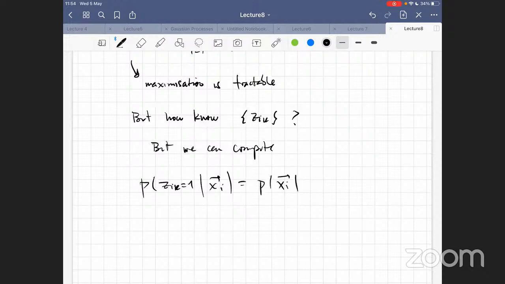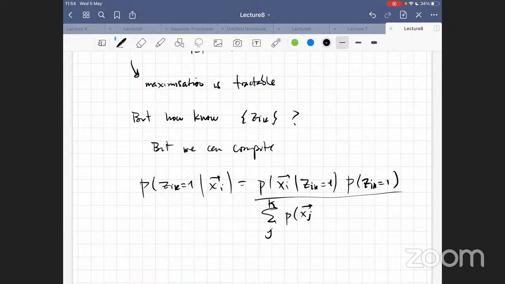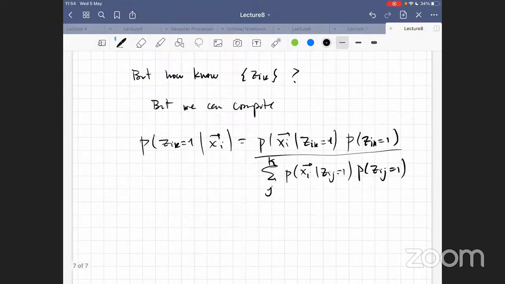This is just the likelihood, given that z_ik is 1, times the prior that z_ik is 1, divided by the sum over j to K of the same thing, with z_ij equal 1 and p of z_ij equal 1. I can compute this because I have all these objects, well, at least the numerator. The denominator is just a normalization, right?